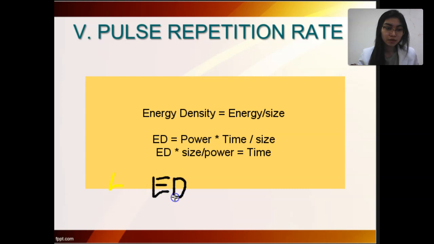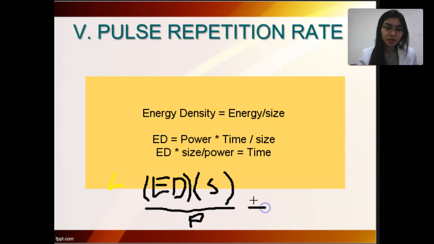So pinapahirapan ko yung ED size, baka kasi merong mga nalilito kung ano yung taas pa ba na sinasabi ko. ED size and then power, okay, effort and then the time.